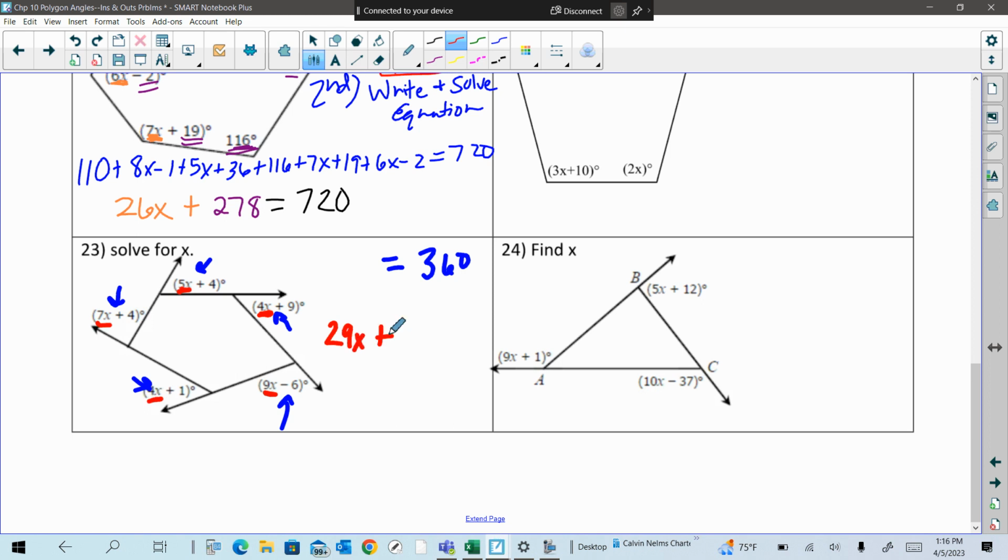Then we have our 4 and 9, and then our 6, 7, 8, and 4. Is that 12? Equals 360.